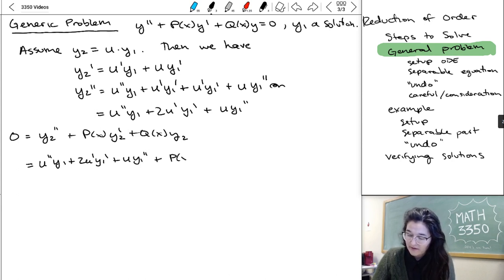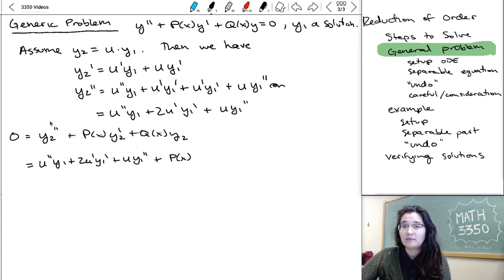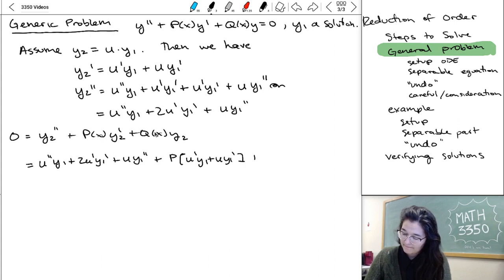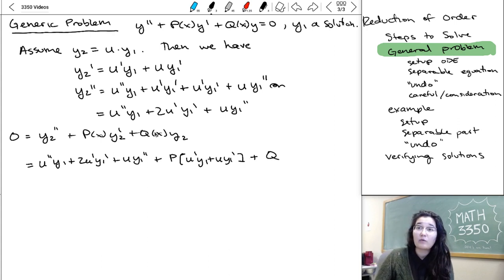Then I've got p of x times y2 prime, so I'm going to plug in this term in the middle. And I told you all I was going to suppress the of x notation to keep things a little cleaner in here. So I've got u prime y1 plus u y1 prime. And then I take q and I just plug in y2, which we can see up here is only u times y1.